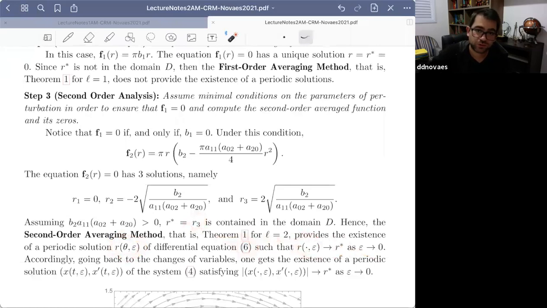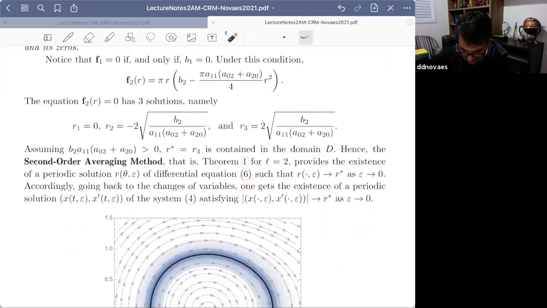Going back through the change of coordinates, we conclude that there exists a periodic solution of our second order difference equation, x(t, epsilon), x prime(t, epsilon), satisfying that the norm of this periodic solution converges to R star, that is, this value, as epsilon goes to 0.